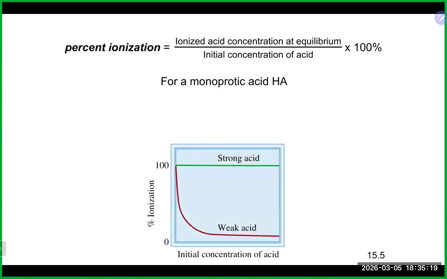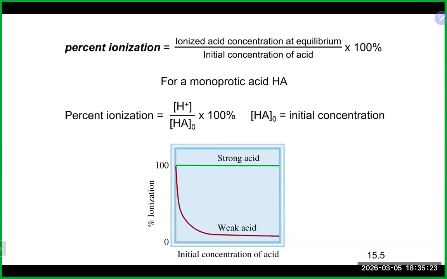All right. Next thing we're going to talk about is percent ionization of an acid or even a base. The percent ionization is the amount of ionized acid divided by the initial concentration. So we take the amount of H plus that's in there divided by the initial concentration and times it by 100%.